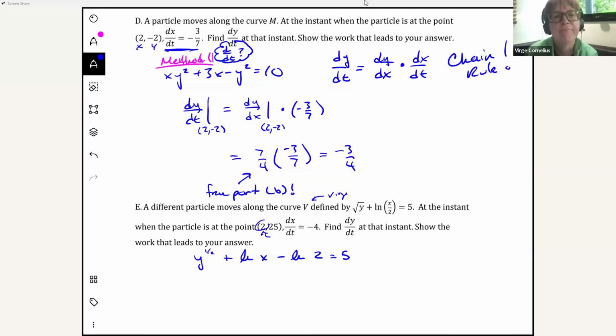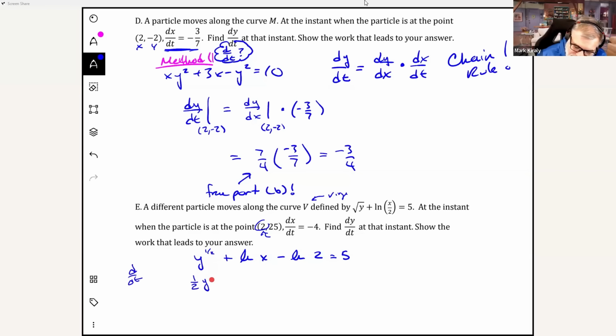All right, and so I'm going to take my derivatives with respect to t. So 1/2 y to the 1/2 minus 1. I always do just top minus bottom. 1 minus 2 is negative 1, so negative 1 over 2. And then we get the derivative of log.